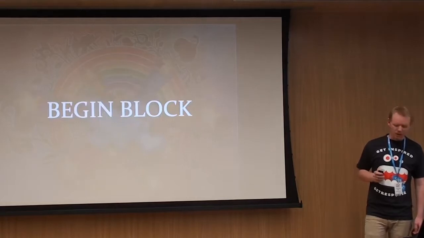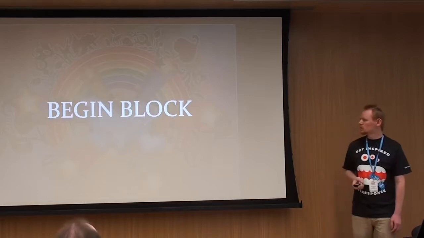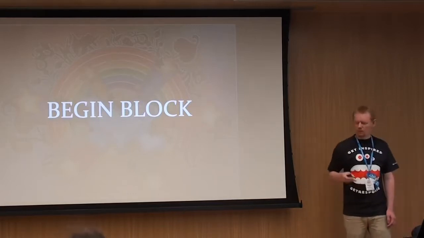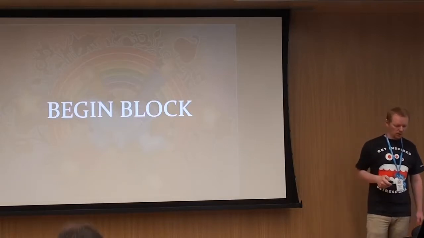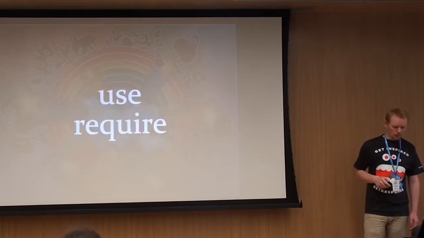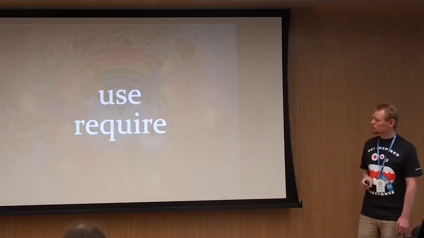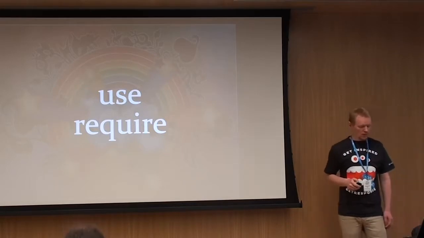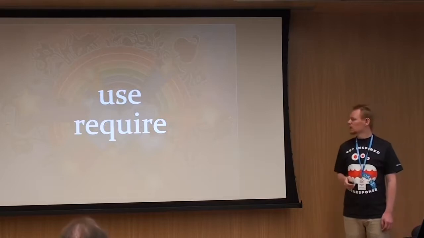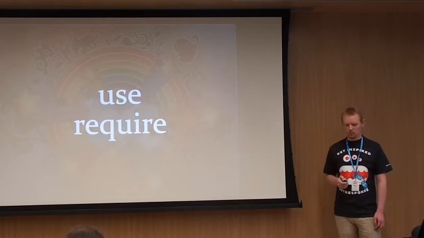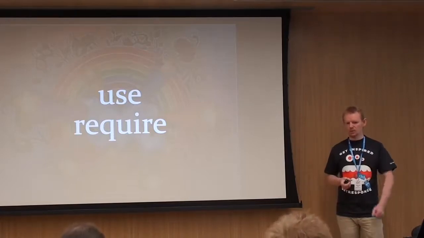We also have BEGIN blocks that run at compile time. When you compile your code, this block will get run before it goes on to parse the rest of the script. We of course have use and require, which means that if you have switched to the Perl 5 Slang and use a module, it expects that the module you use with the V5 Slang is a Perl 5 module.